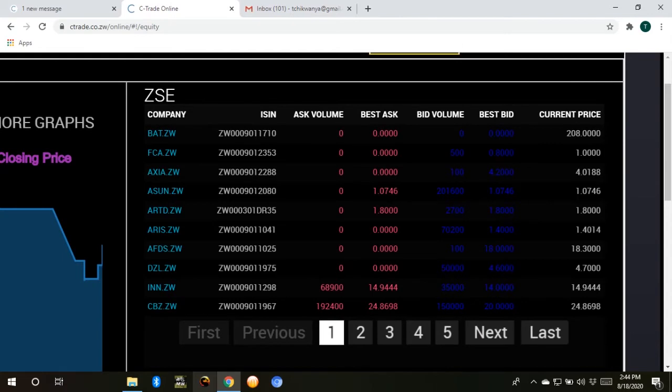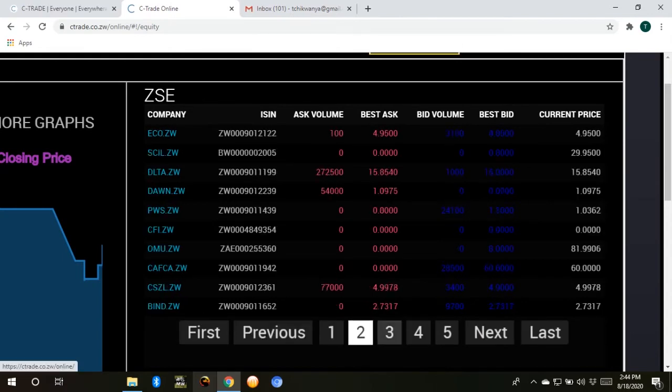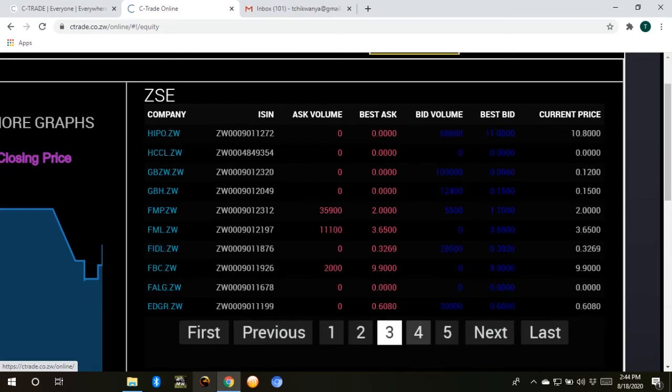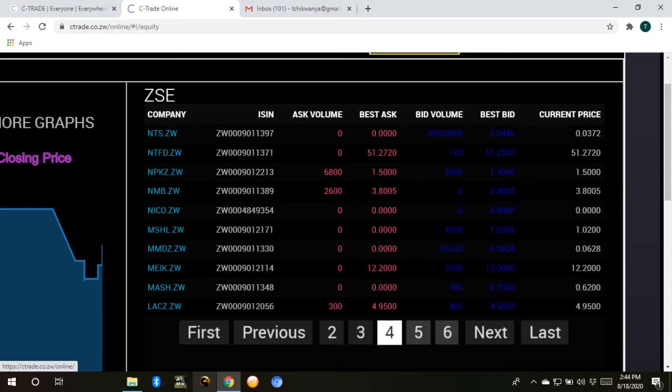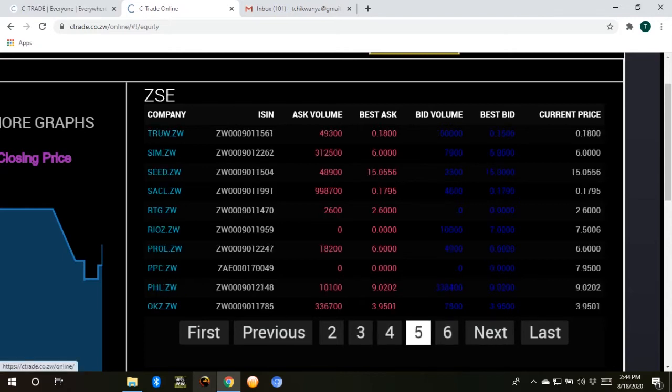You can click on the tabs which are on the top right to see shares which are being sold and those that have bids that people want to buy.